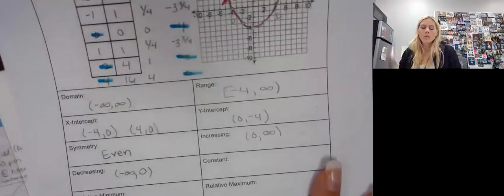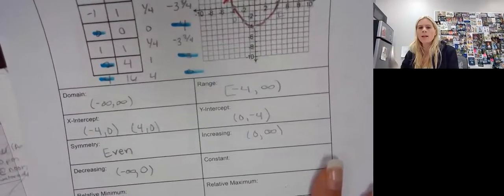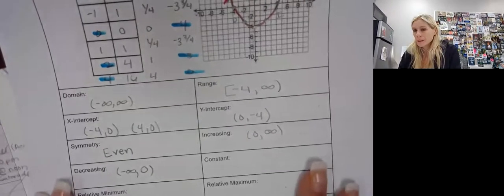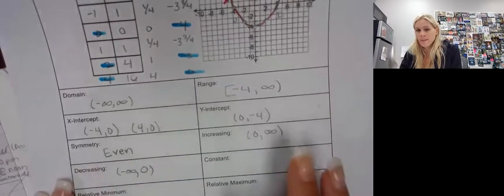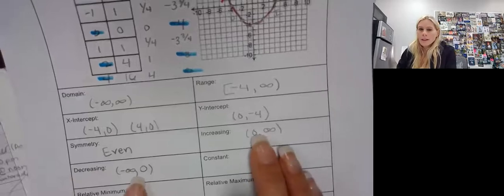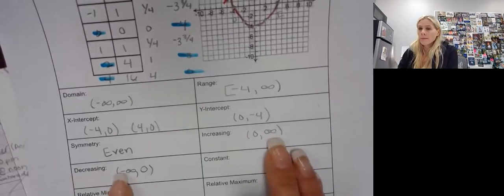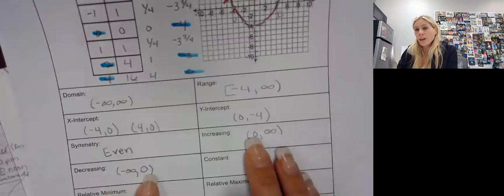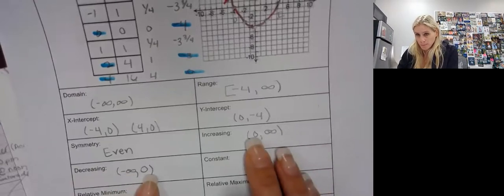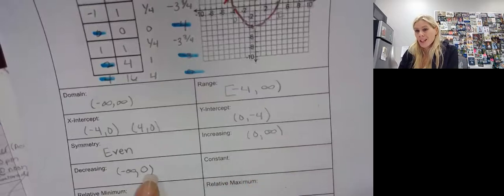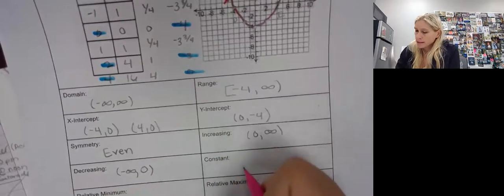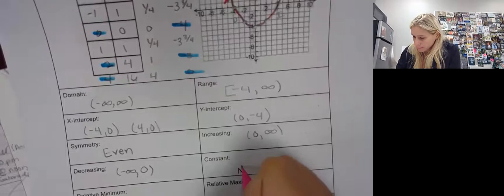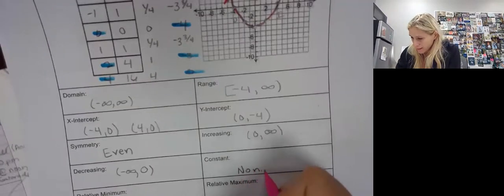Okay, so back to my thought here. Because it's continuous, like I said, I didn't lift my finger at all. None of these values, when it comes to negative infinity, should repeat. Only the point of where it changes should repeat. And all of them should connect. In this graph, we said nothing about constant, so none.